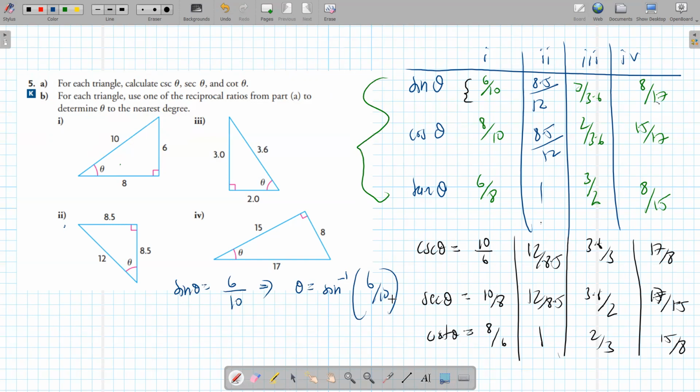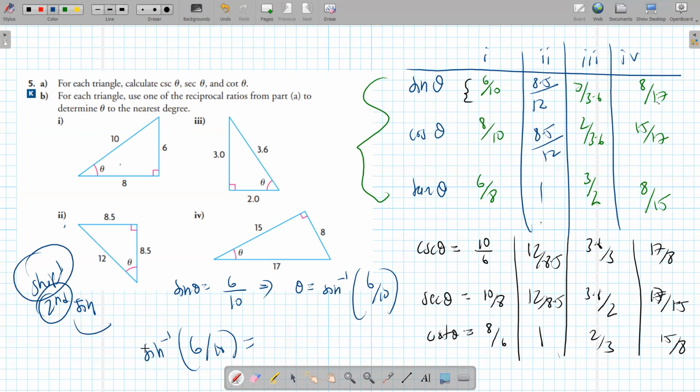Okay. So sine inverse is usually second function plus sine. You press second function sine, they'll give you sine inverse on your calculator, and you want to type 6 over 10 equals. Second function or shift or whatever you have. Sine and then 6/10. It's giving me error.